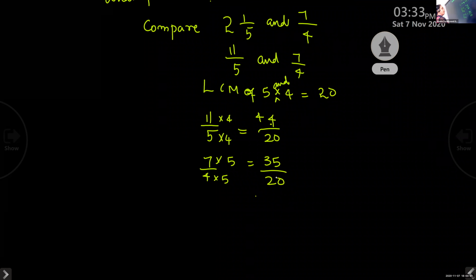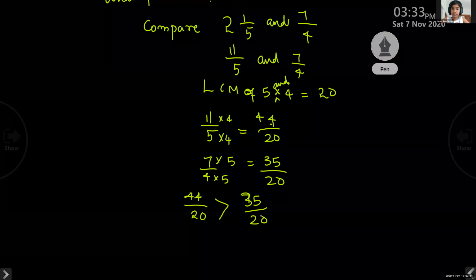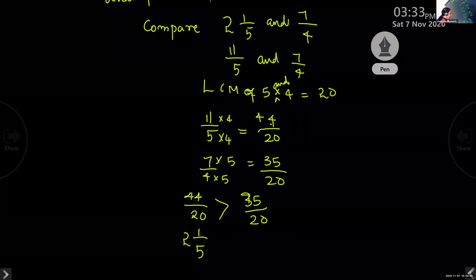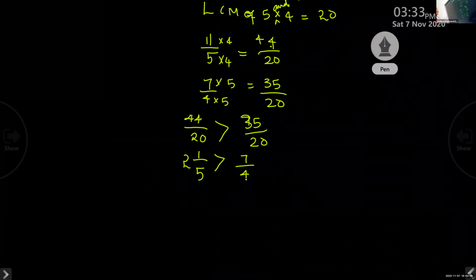And which is more here? 44 by 20 is greater than 35 by 20. And this 44 by 20 came from 11 by 5, and 11 by 5 came from which fraction? 2 and 1 by 5. That you have to write, because in our question we know only that. For our easiness, we converted it.